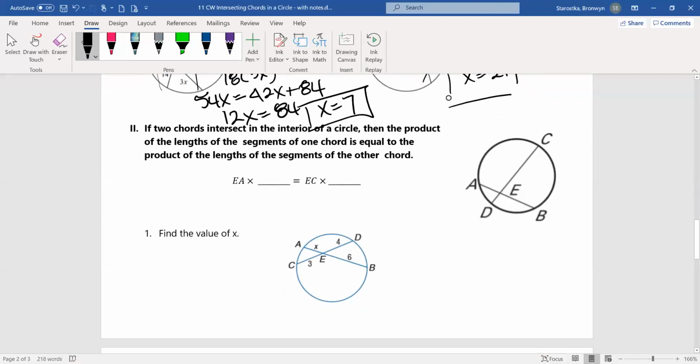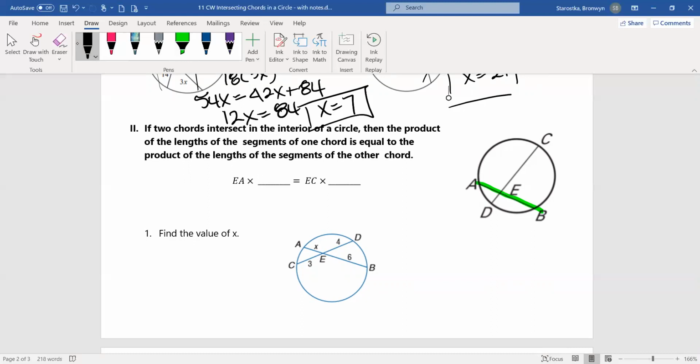So if two chords intersect in the interior of a circle, then the product of the length of the segments of one chord is equal to the product of the length of the segments of the other chord. Here's one chord.